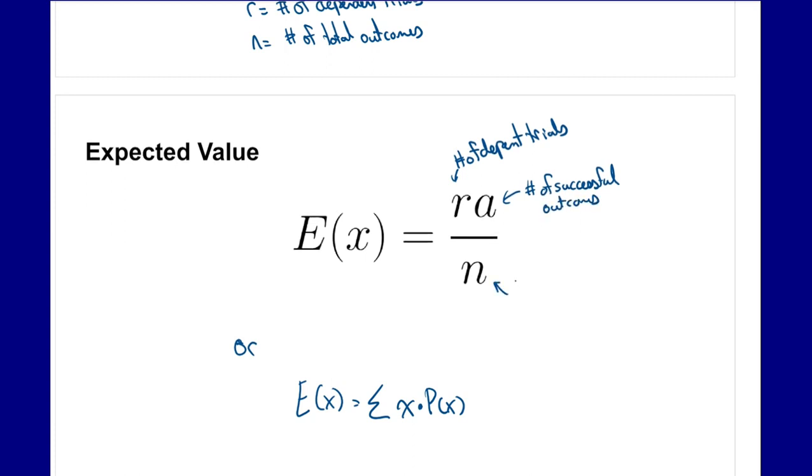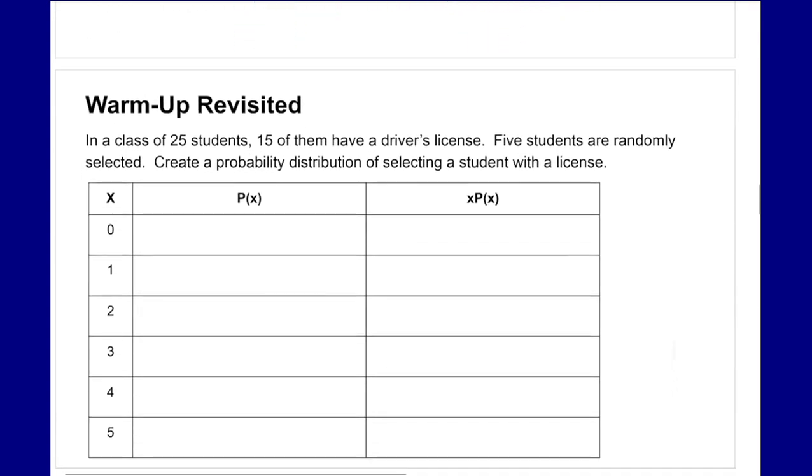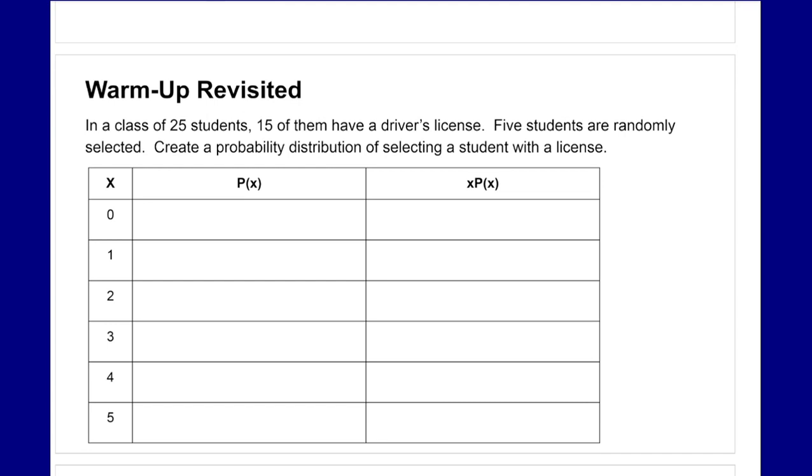And N is referring to the number of total outcomes. So let's go back and revisit that warm-up. So let's use our formula to help us with that. So again, we're looking for a success, which in this case is having a license.